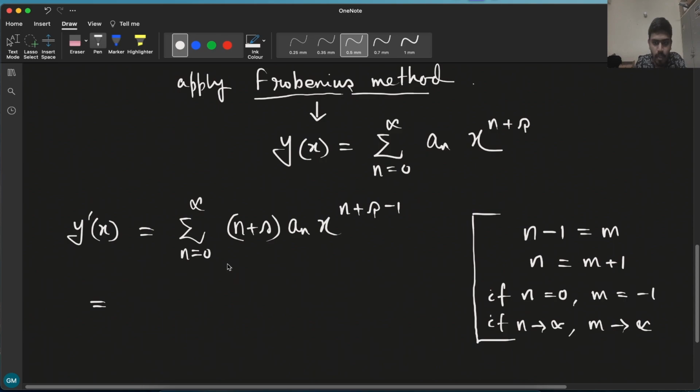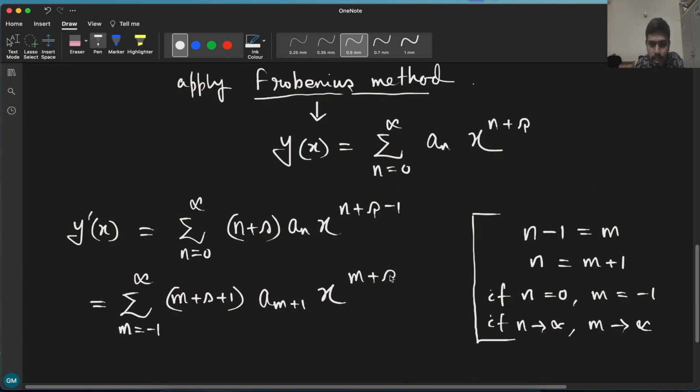Now replace this summation. From m equals minus 1 to infinity, I am replacing n by m. So n equals 0 means m equals minus 1. And n plus s, where n is m plus 1, becomes m plus s plus 1, a_(m plus 1) x to the power m plus s.